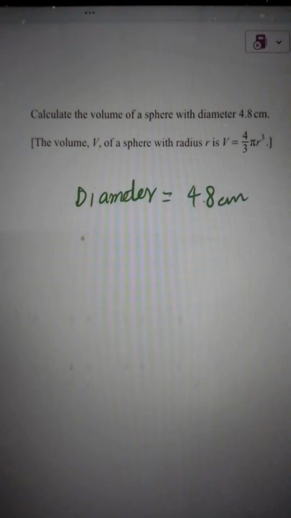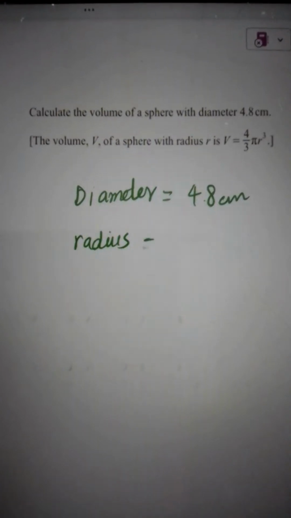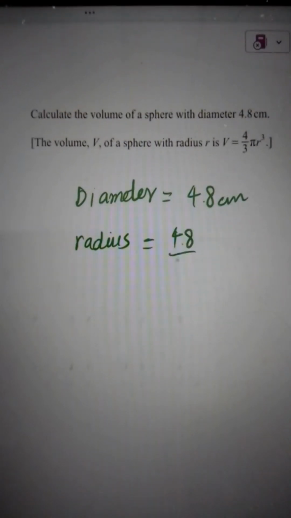So here first we discuss the diameter, extract information from this statement, that is diameter 4.8 centimeters, and half of it is radius. So radius is half. 4.8 by 2 will be 2.4 centimeters is radius.